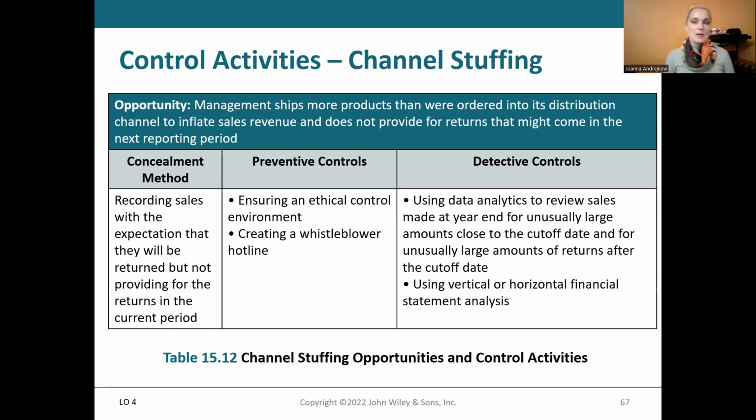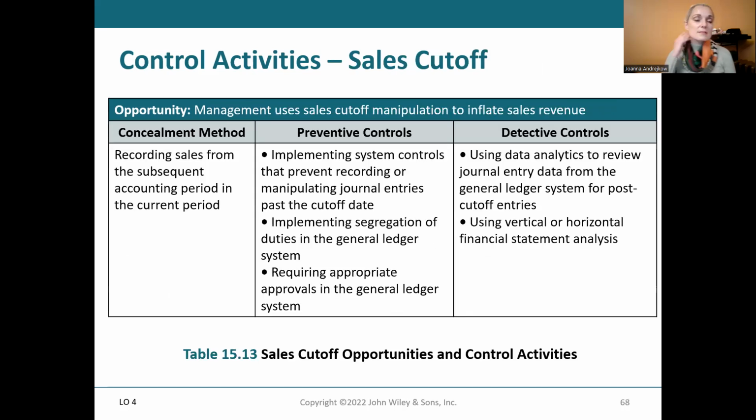So if you have huge sales in December and then lots of returns in January, that signals a problem. And then comparing sales this year to previous years and looking at them as a percentage of various financial statement items and engaging in vertical or horizontal financial statement analysis.